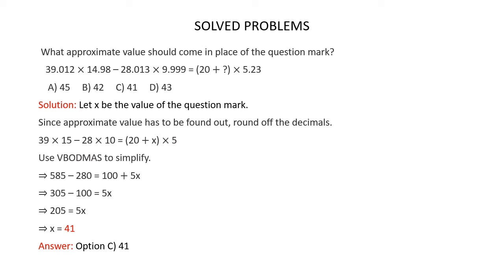So now you have the expression 39 multiplied by 15 minus 28 multiplied by 10 is equal to 20 plus x multiplied by 5.